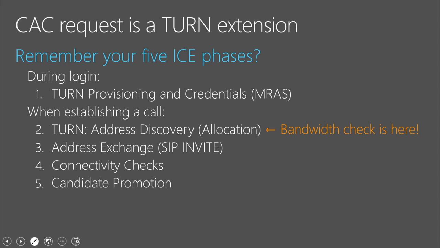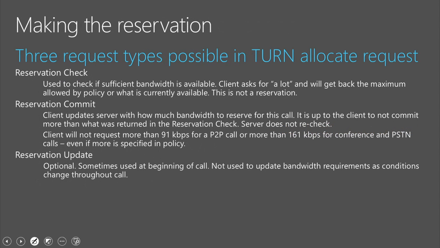All we've done is make a TURN extension that will let us piggyback bandwidth requests on there. That bandwidth request could be a check to see if there's enough bandwidth available. If there is enough bandwidth available, we'll start ringing. So when I call someone, the client won't even alert the user unless it's already done the check and found out there's enough bandwidth. Then at the point the user picks up and answers the phone, we'll do a commit.